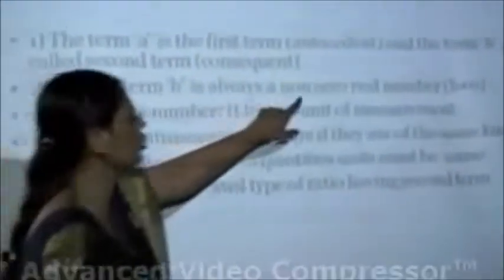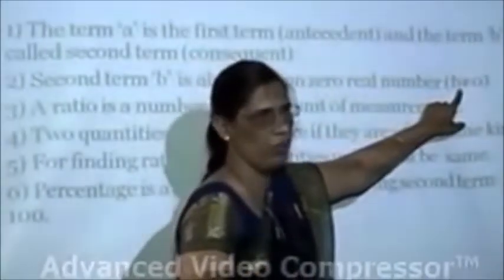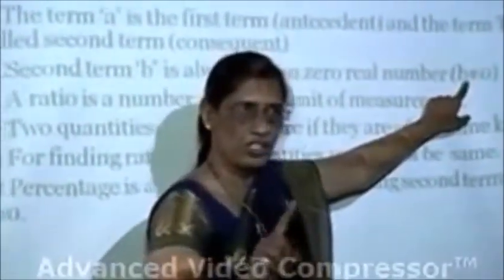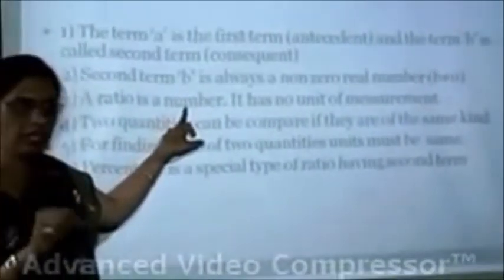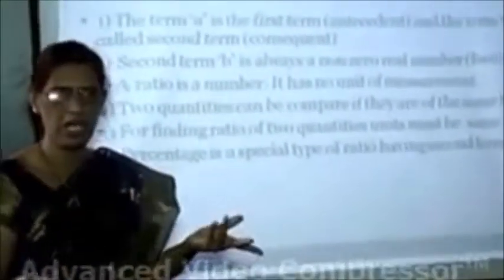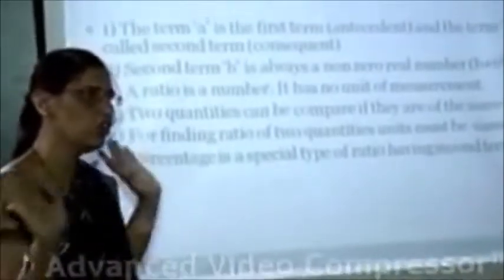And remember one thing, B is non-zero; the denominator is a non-zero real number, the most important property. So ratio is what? A number: 2 upon 1, 1 upon 3. Since it is a number, it has no unit.